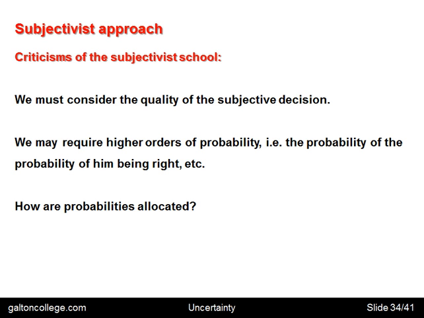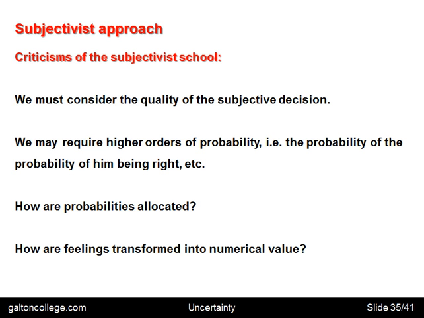And related to this is, how are feelings transformed into numbers anyway? If I really believe that some business venture is going to be successful, and I say, look, there's an 80% or a 90% chance this business is going to succeed, how do I get the 90%? Why not 87% or 92%?